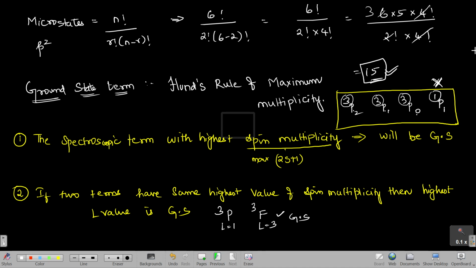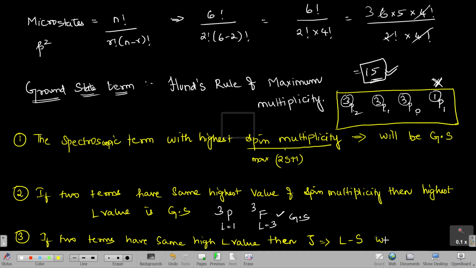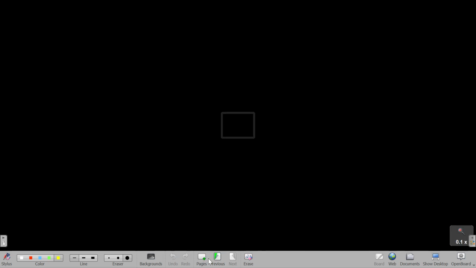Now then what do you do? If the L value is also the same, if two terms have the same high L value, then you consider the J value. Okay, J is equal to L minus S will be the ground state, but there is a criterion for that.